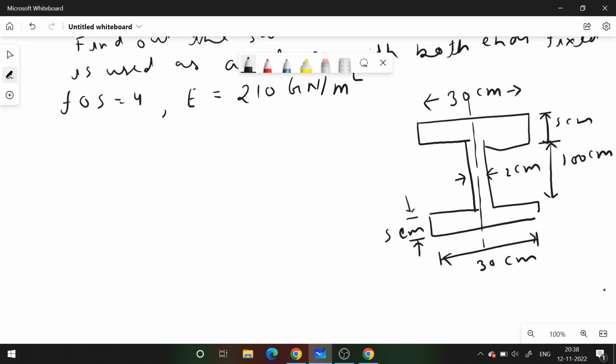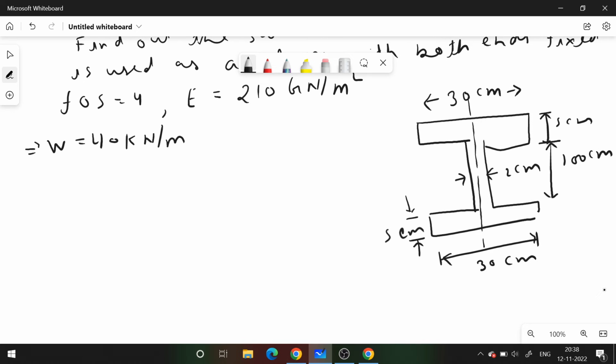So a uniformly distributed load is applied on the beam whose intensity W is equal to 40 kilonewton per meter. Okay, so first of all we have to calculate the length of the beam for this given uniformly distributed load and for the given cross section.